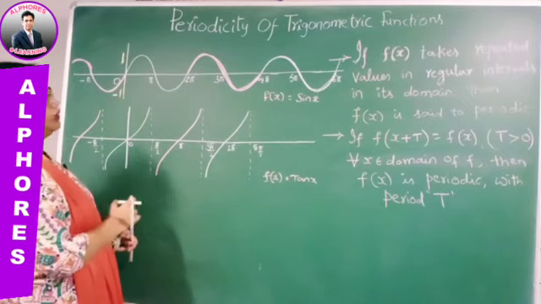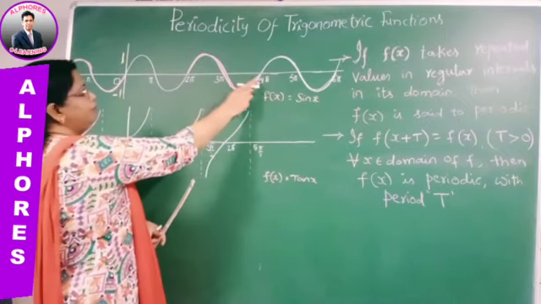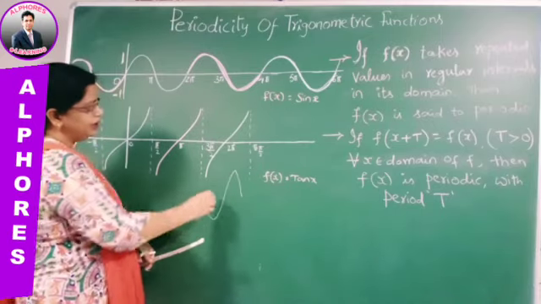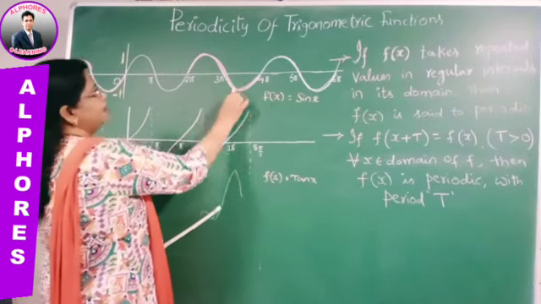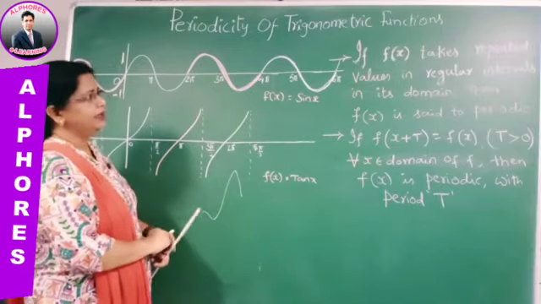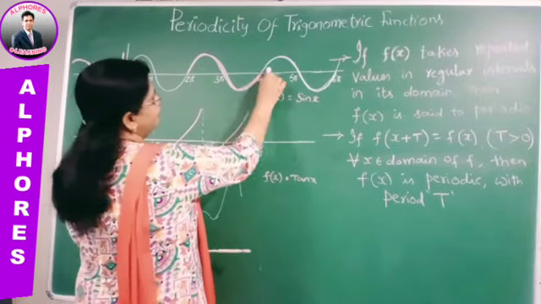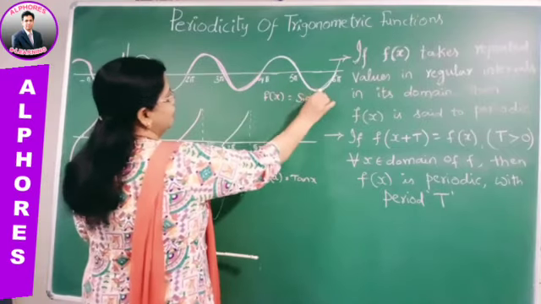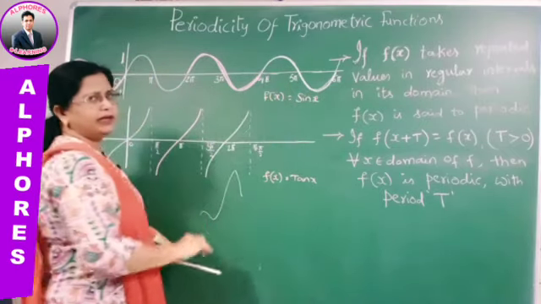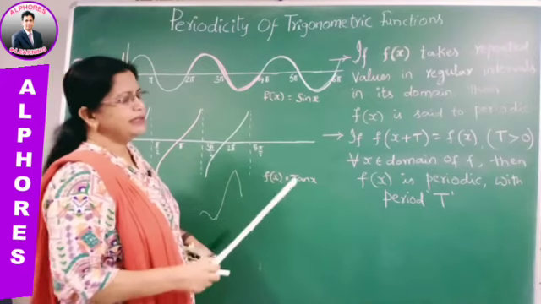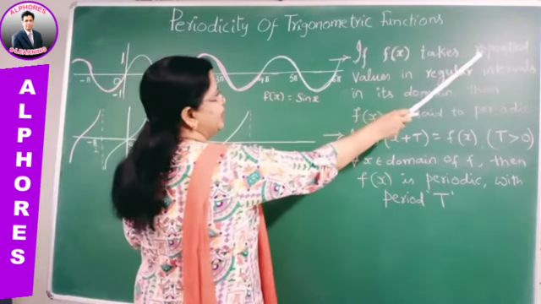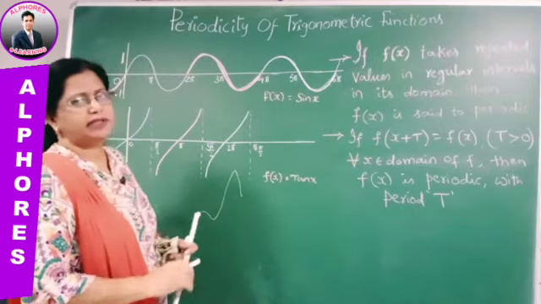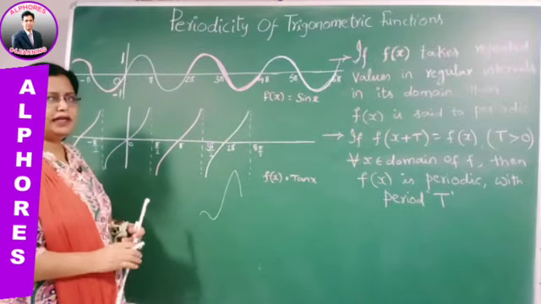And again in the interval 2 pi to 4 pi, the graph is not going beyond, it is going again in between -1 and 1 only. Again from 4 pi to 6 pi, the function is taking values in between -1 and +1 only. That means the same kind of values are repeating in regular intervals. Then the function is said to be a periodic function.